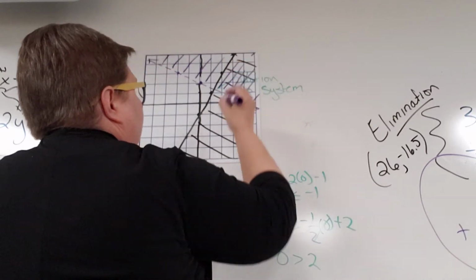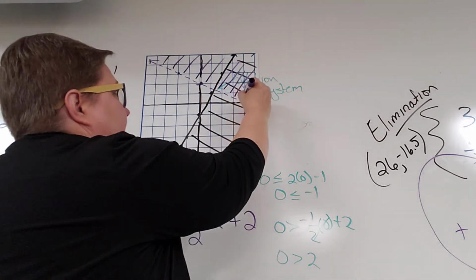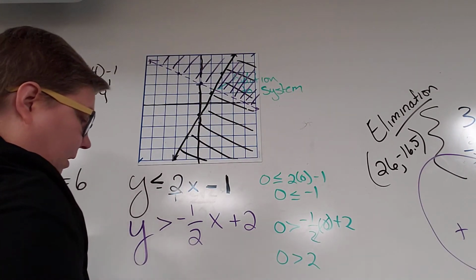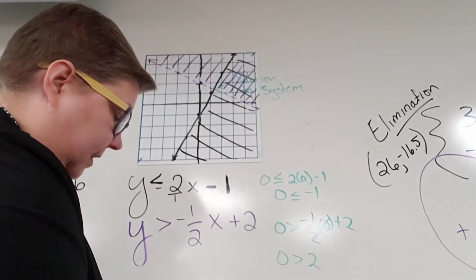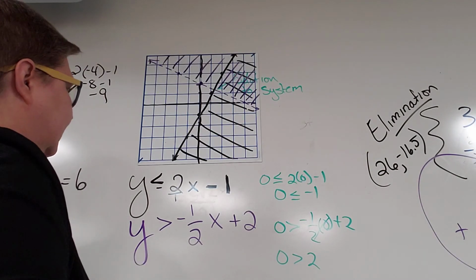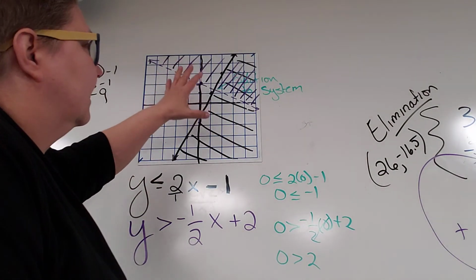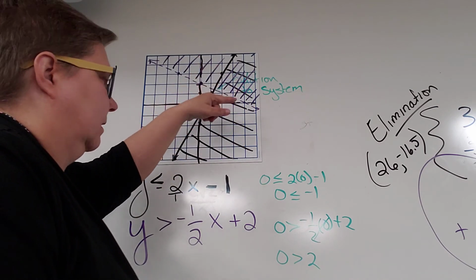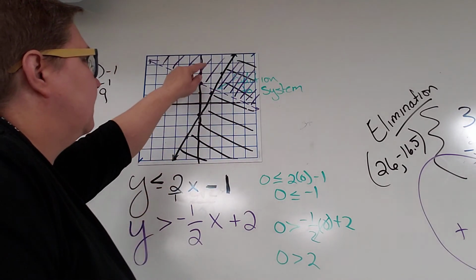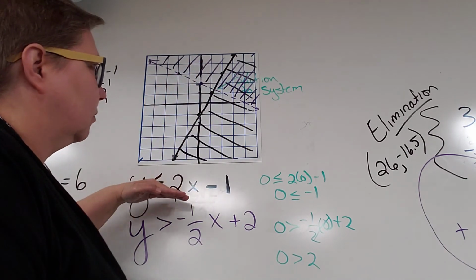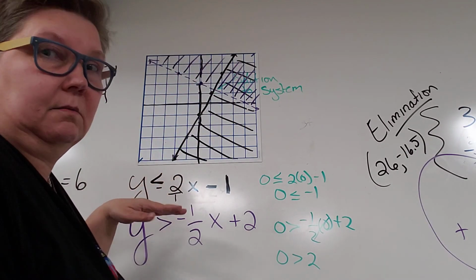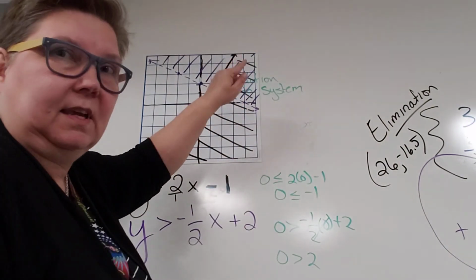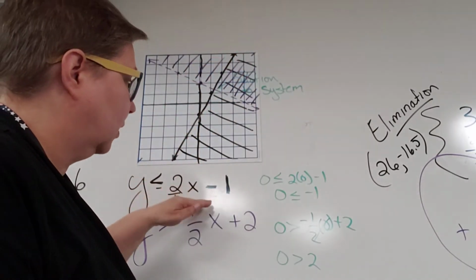Okay? Now, what's interesting, I think, or kind of the result of all of this, is that if I pick a point in here, it won't work with this one. If I pick a point here, it's not going to work in this one. By work, I mean it's not going to be a true statement. If I pick something here, it will work for both of them.